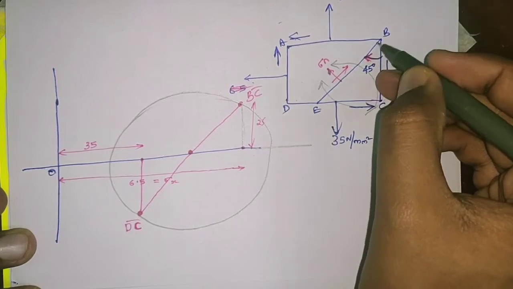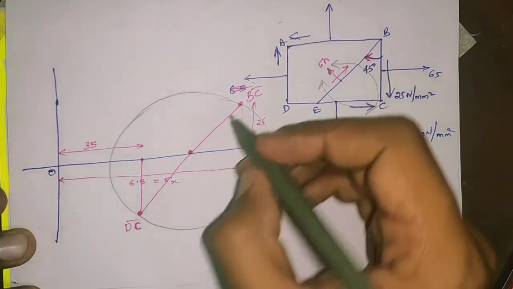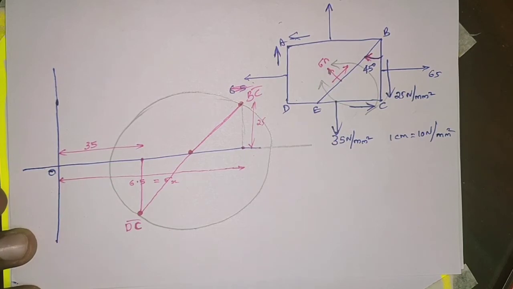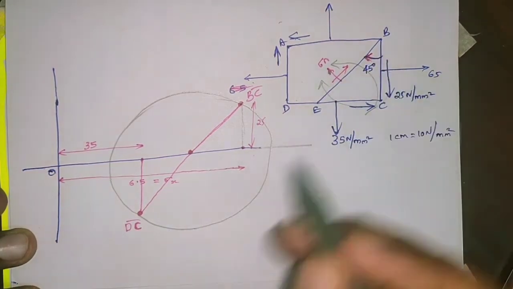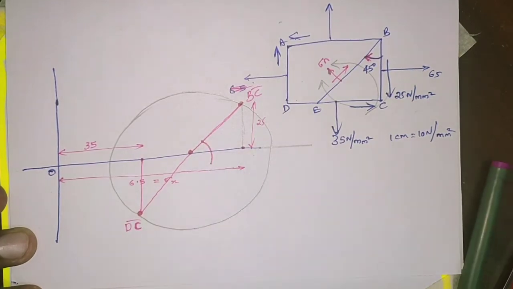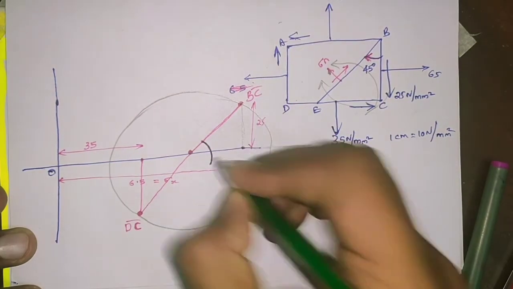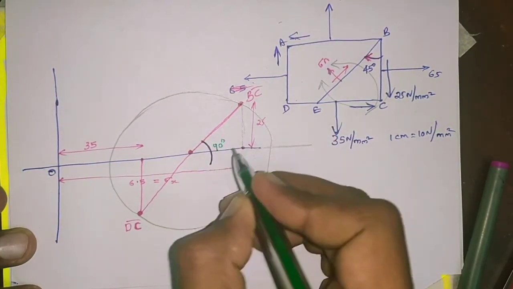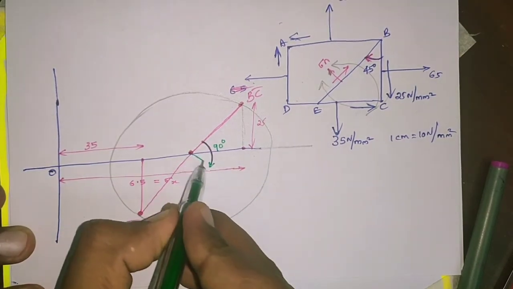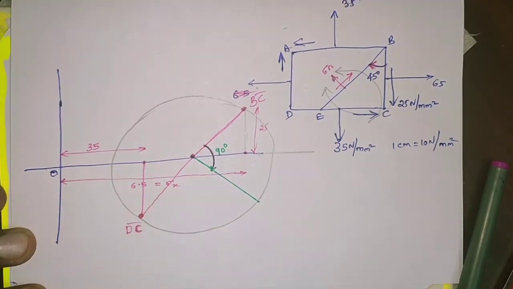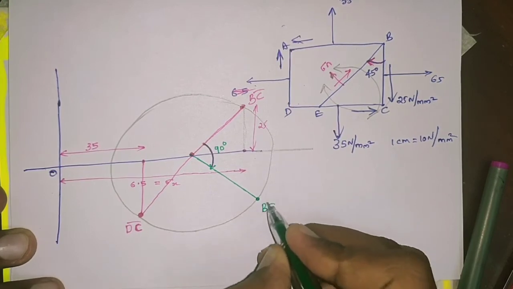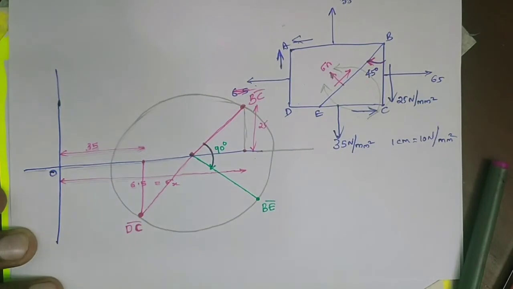This is the line representing the BC plane. So here it is clockwise 45, then here it will be 90 degrees clockwise. Draw a line for 90 degrees and we got this point. This is the BE plane.